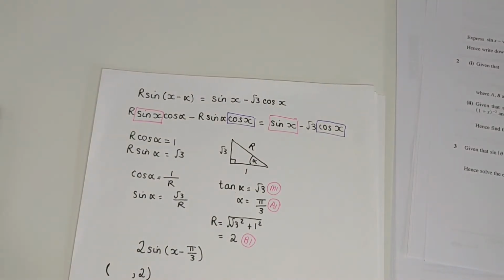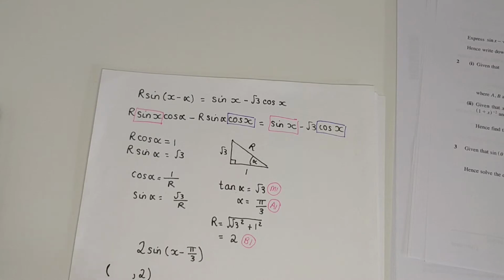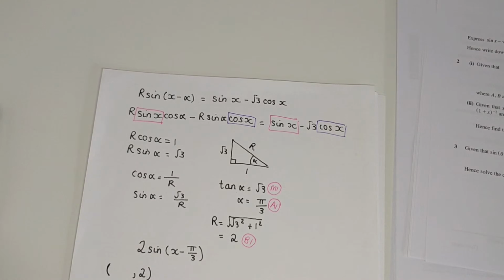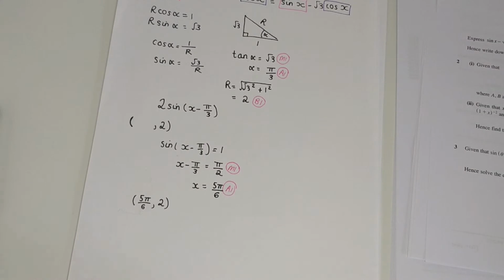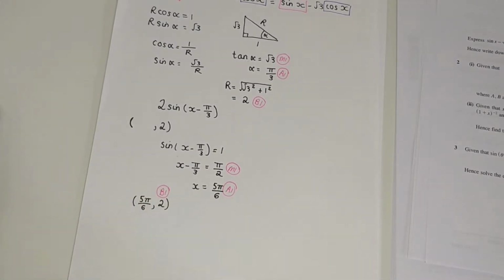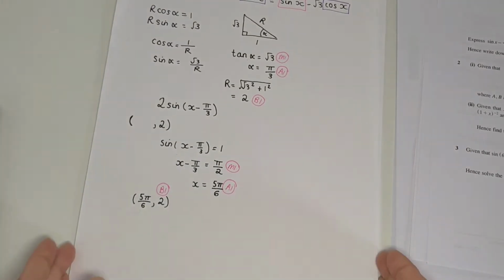M1 for using x minus their alpha equals pi over 2. A1 for that answer. Oops, you can't even see this. Sorry. And then B1 for the y coordinate. Yep. 6 marks. Okay.